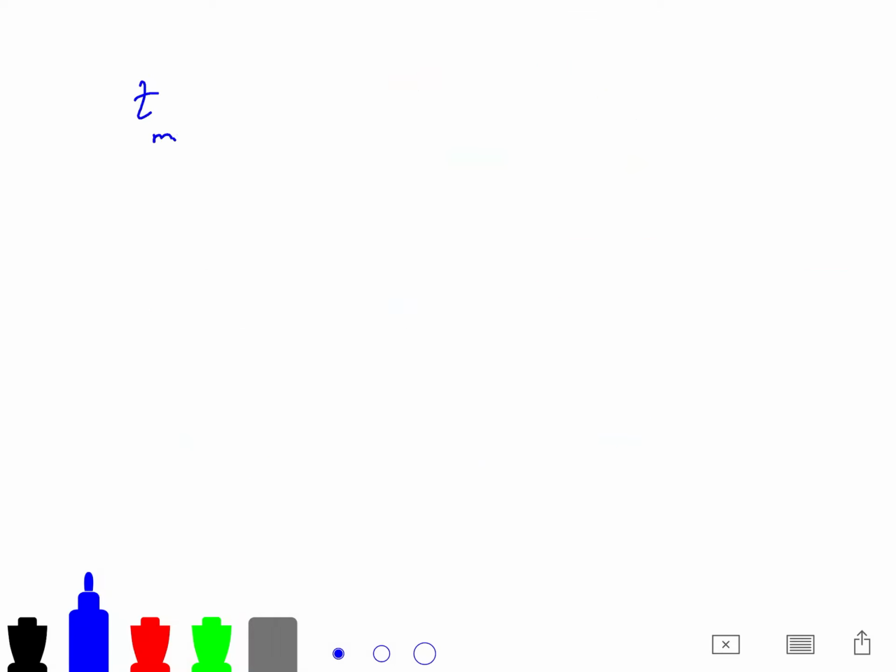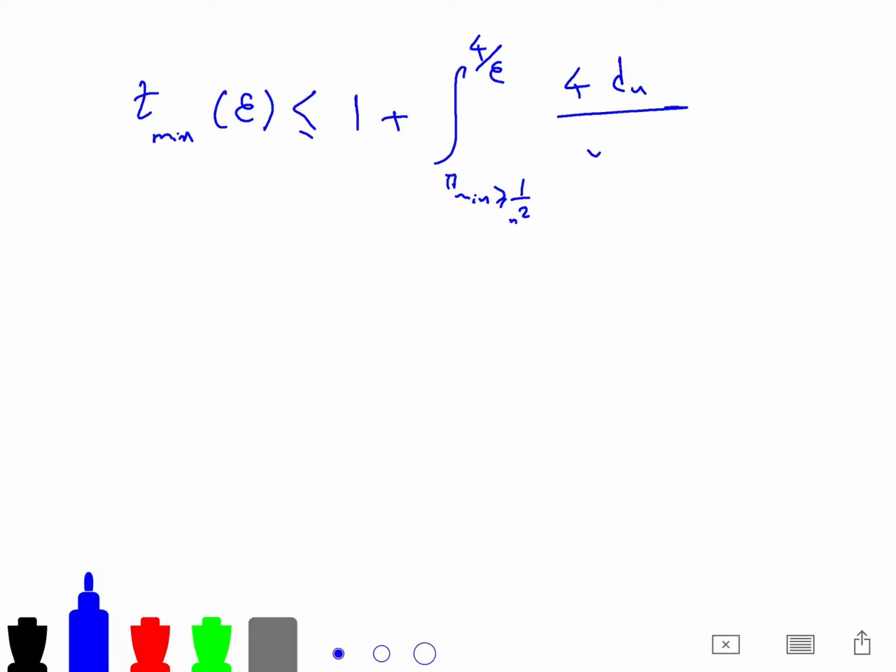Another interesting thing is that the mixing time for your lazy Markov chain is now bounded by your expansion, whatever you call it. Pi of min, which should be at least 1 over n squared, up to 4 over epsilon, for the integral over u, where phi is here.